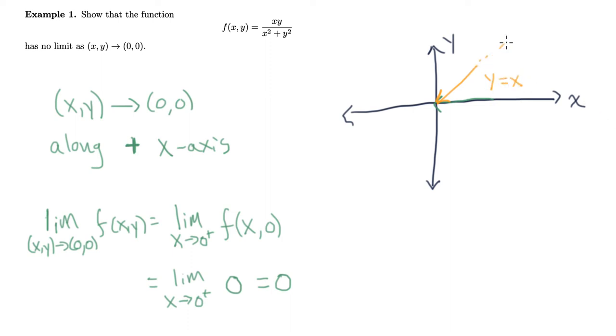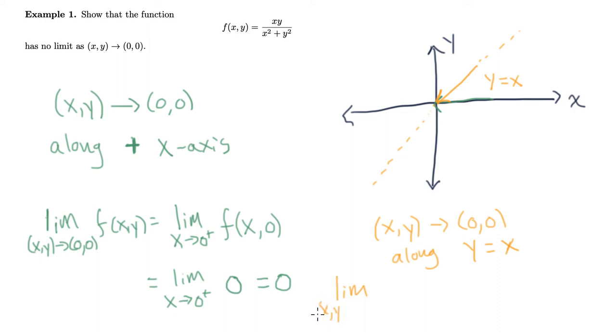Now I have infinitely many choices for direction; I'm just considering two. So I literally set y equal to x in my function.